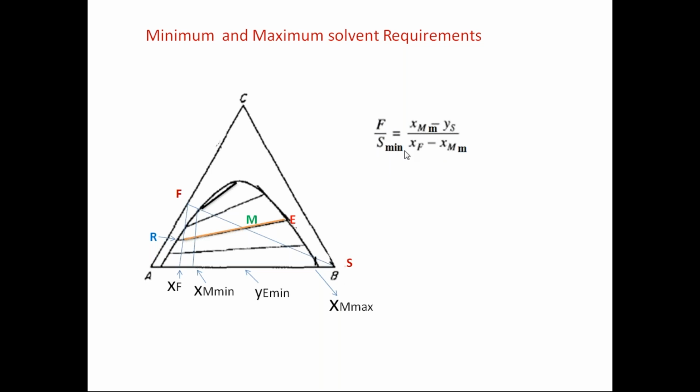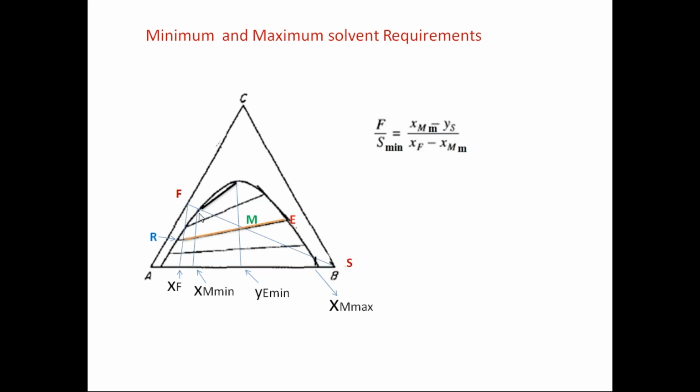So how much solvent is required can be found out from these values. XF, XM minimum you can use, and at XM minimum, this is the YE minimum. If you use this much minimum solvent, then the raffinate will have this much concentration of XM minimum, and the extract will have YE minimum of this much concentration.